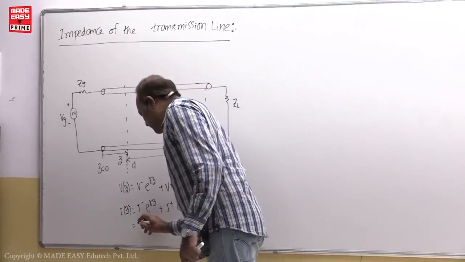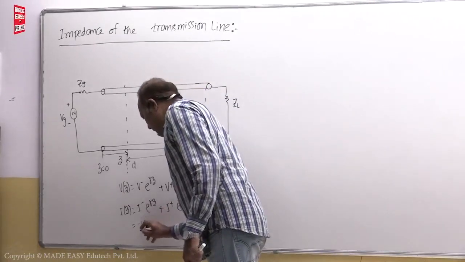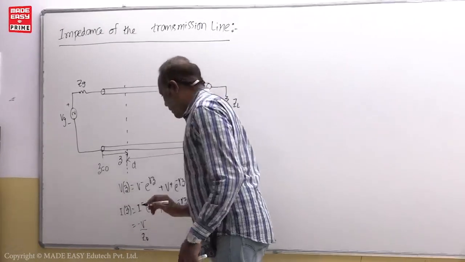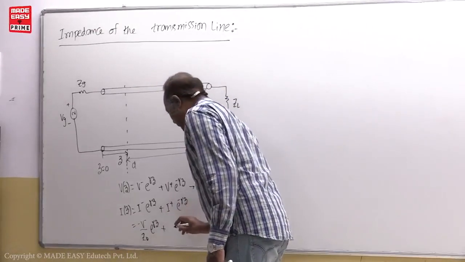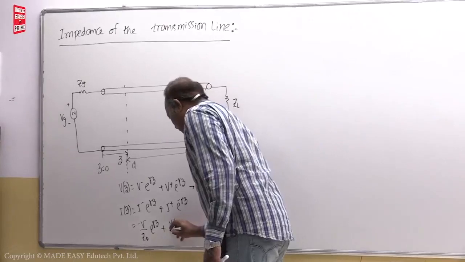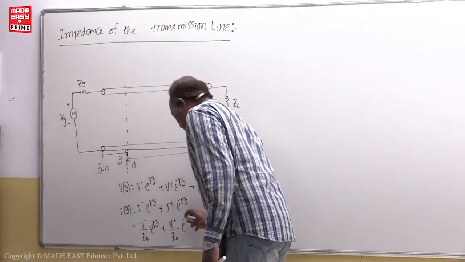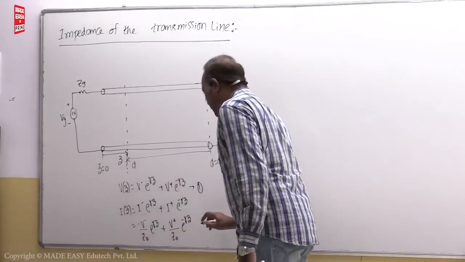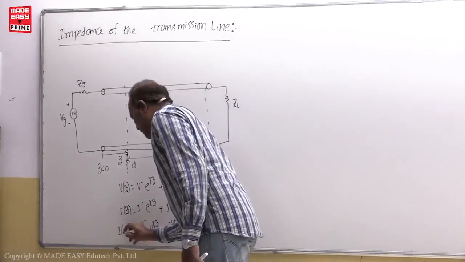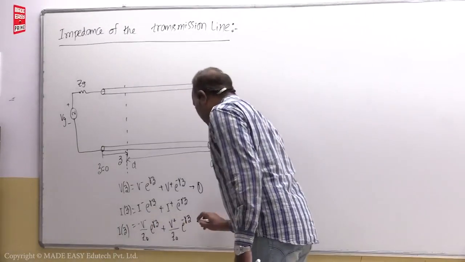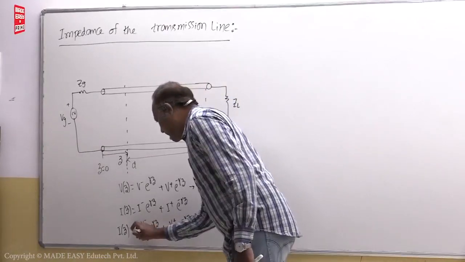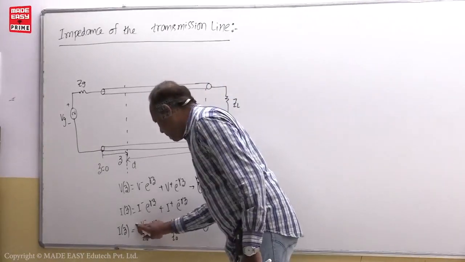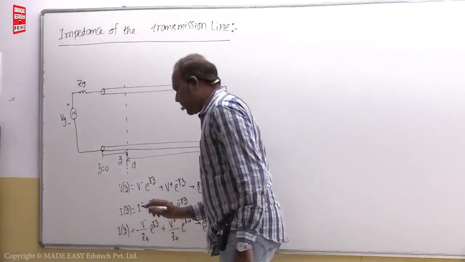This is nothing but minus of V minus by Z naught, this already you know, students, e power gamma Z, plus I plus is V plus by Z naught e power minus gamma Z. So this is the I of Z equation in terms of voltage. Here the minus sign is there.